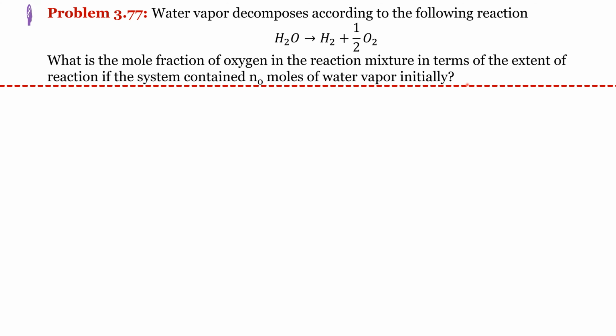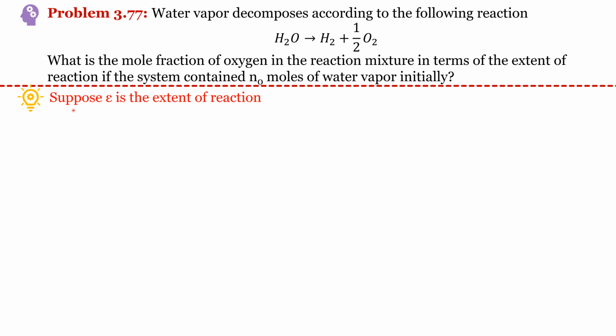So in this case, we need to find out the mole fraction of oxygen in terms of extent of reaction. There is a difference between conversion and extent of reaction. Conversion is used for one component while extent of reaction is general and it measures the progress of the reaction.